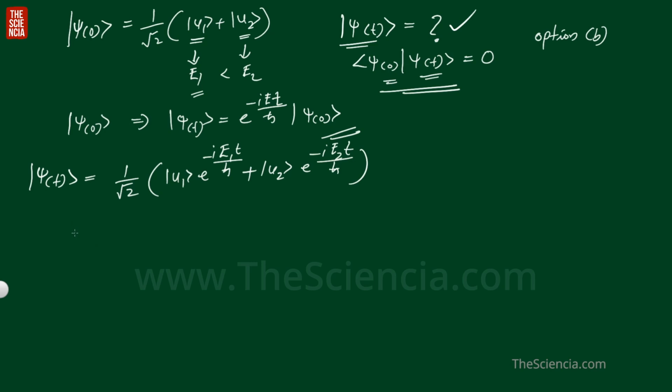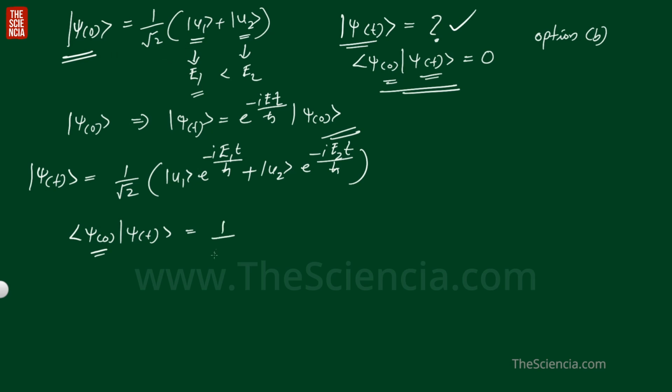Now we have to use this orthogonality condition, that is, the scalar product of psi of 0 with psi of t. To find the bra psi of 0, we have to take the complex conjugate. Here this is a real wave function, so the complex conjugate will be the same as this one.